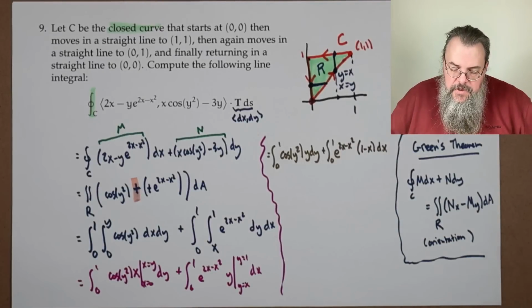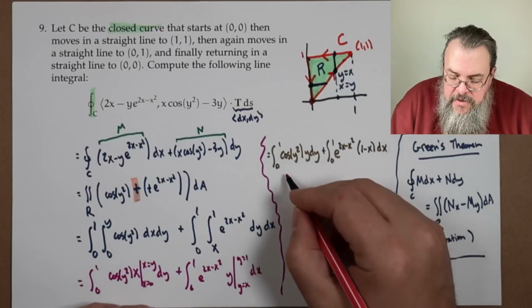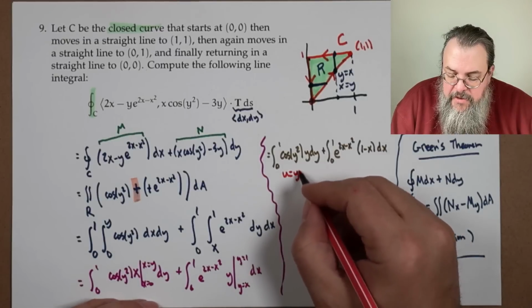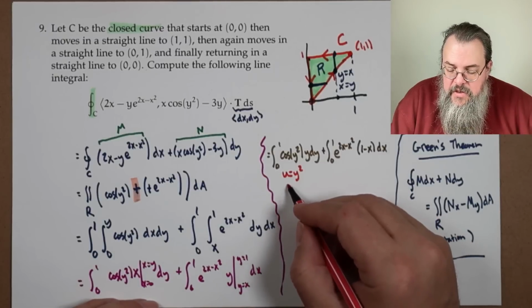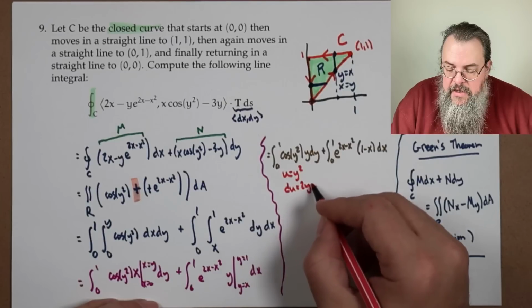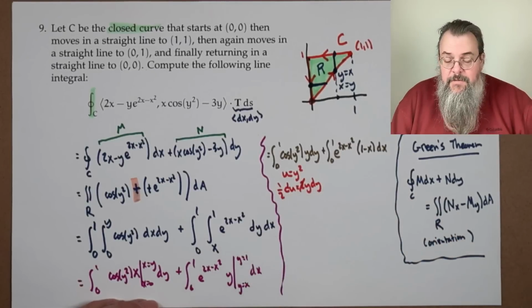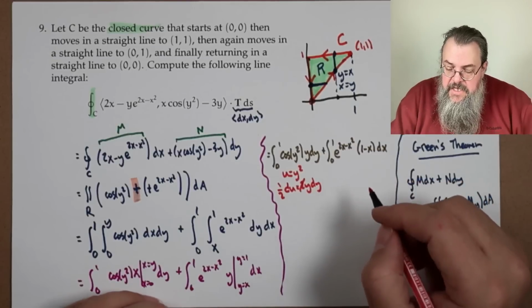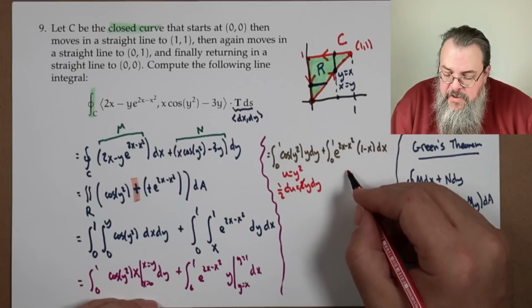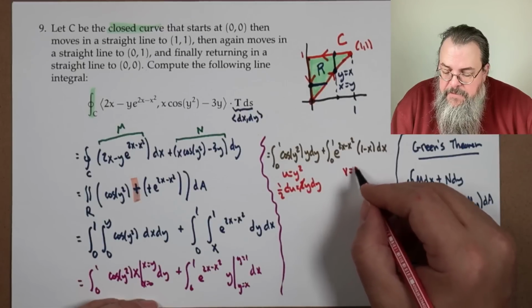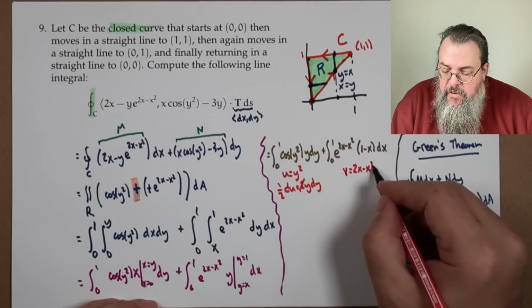So with the first integral, we'll let u equal y squared. So then du is 2y dy. We'll move the 2 across, so 1/2 du equals y dy. On the second one, we'll do a substitution. We'll go v is 2x minus x squared.